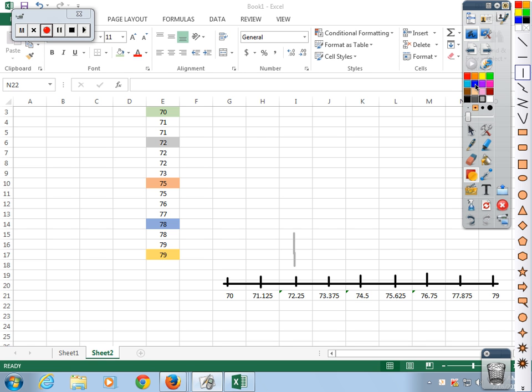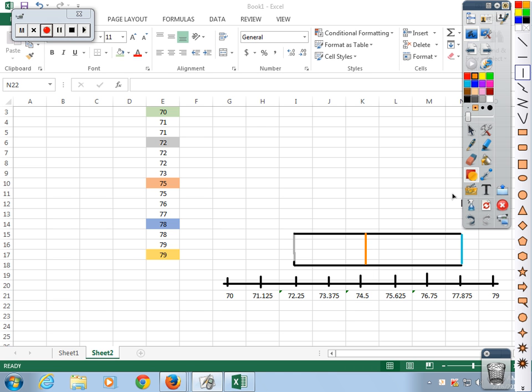Change it to blue. 78, right in here. And take my black marker, make my sides. Everybody with me? And then we take the orange marker and put in 75.